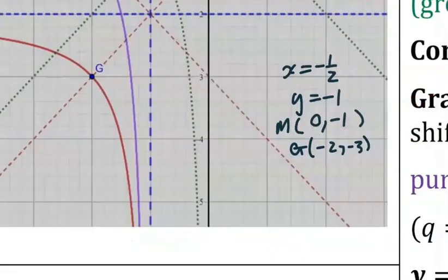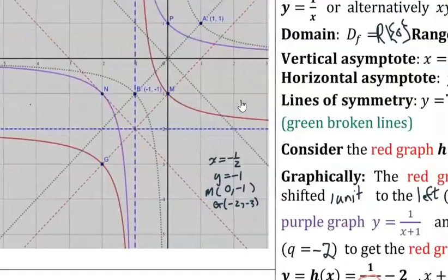I've just transferred my x-intercept there and my y-intercept and my two vertices. So when we look here on the graph, we saw that point A first moved 1 unit to the left, and then it moved 2 units down. So it's 1 unit to the left and 2 units down.